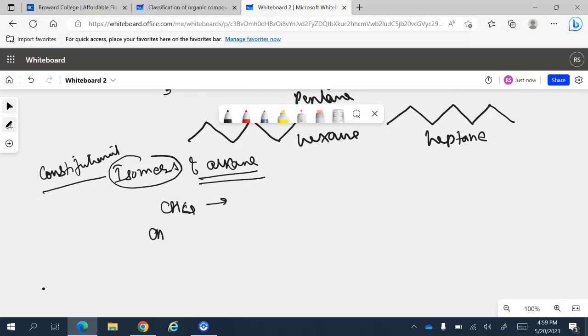Whenever you have CH3, CH3, two carbons, there is also no different way to write it. Likewise, with CH3, CH2, CH3, a three carbon chain, there is only one way to represent it, as a straight chain. You cannot make any branch.